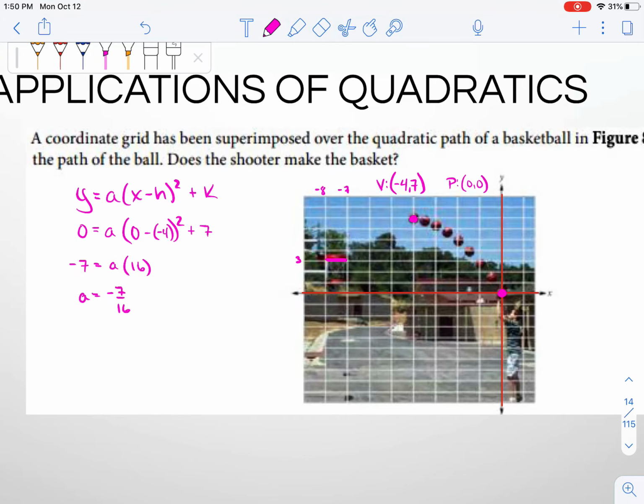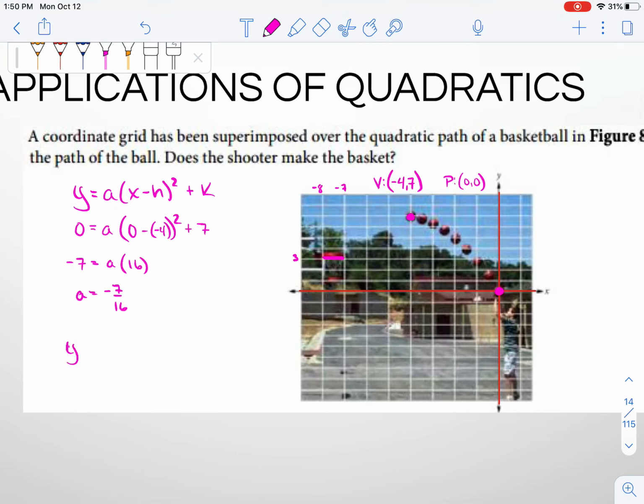My vertex I know, so I'm going to have an equation of y equals -7/16 times (x plus 4) quantity squared, plus 7.